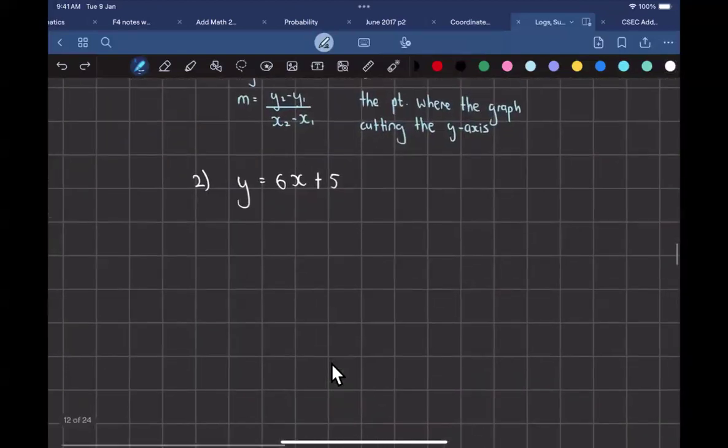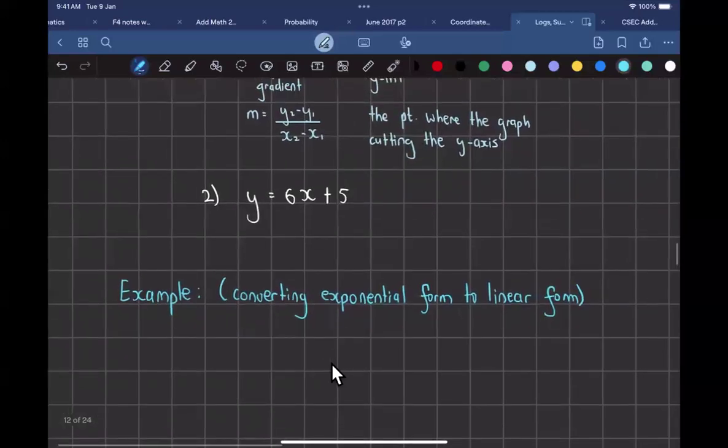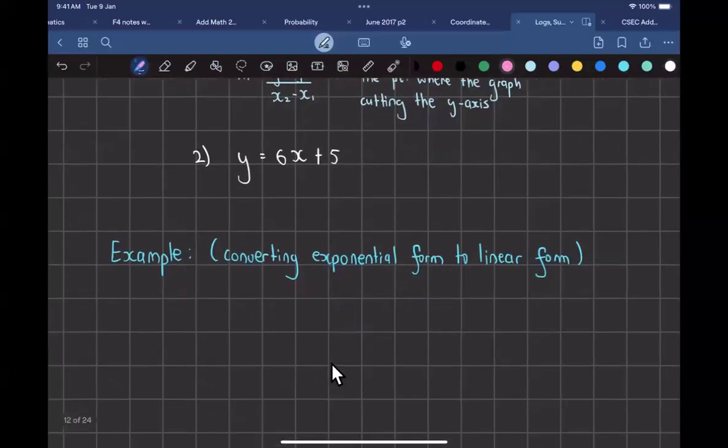Example, converting. Nicholas, you ever do this before? Yeah. Okay. Ali, I didn't forget you. For pink color, put pink there. You know, big up yourself.